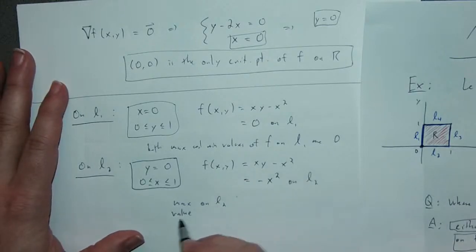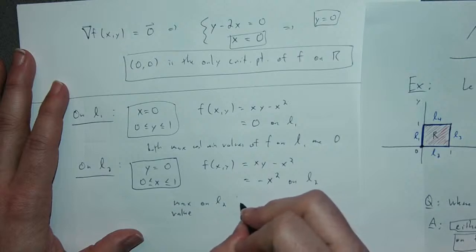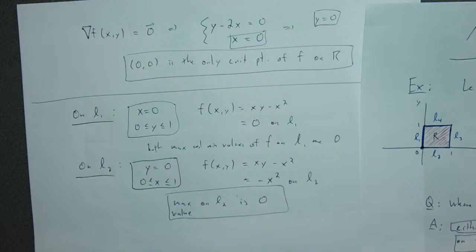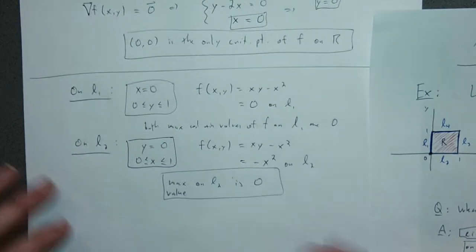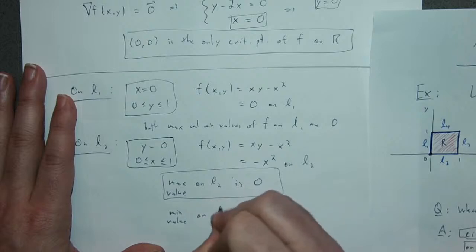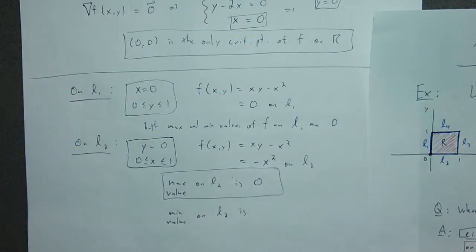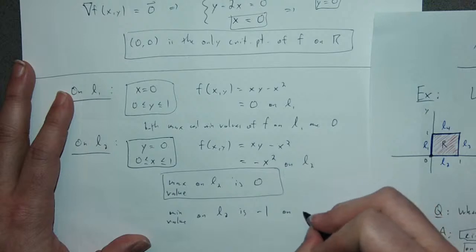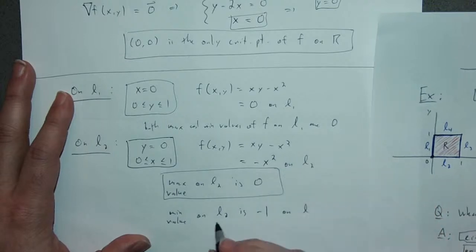So max value on L2 is 0. What's the min value? The min value occurs when x is largest on L2. The biggest x gets on L2 is 1, and so this min value is minus 1.